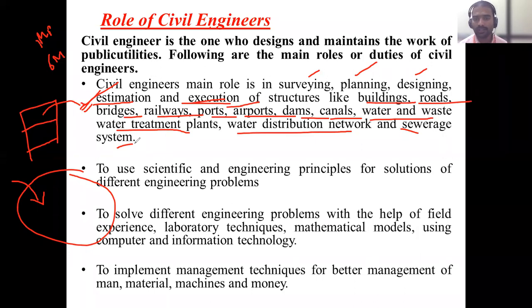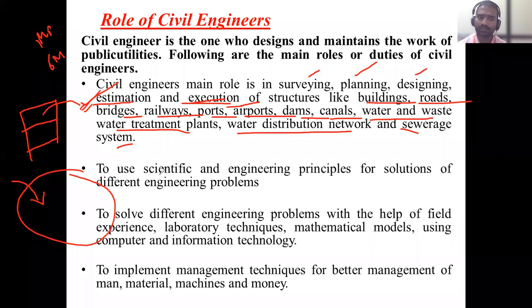To do the planning, designing and estimation of all these structures, a civil engineer is needed. So without civil engineering you cannot construct any structure. Can you? Without a civil engineer, can you construct any building? No, sir. So the civil engineer is very very important.